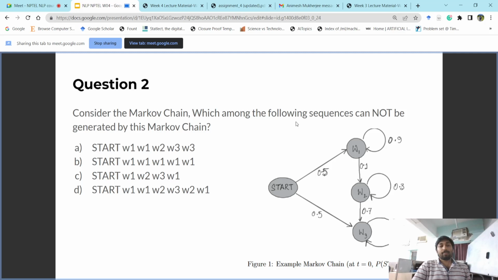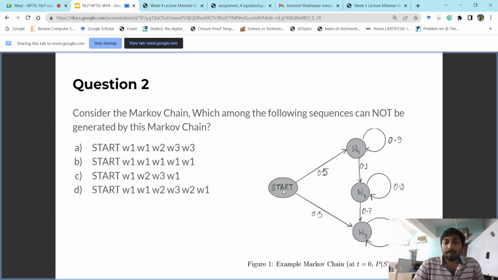In this question, what they are trying to say is consider this Markov chain. This is a Markov chain which shows the transitions inside it. This is not related to the previous question because we do not have the POS tag. This is just the Markov chain for the sequence of words, W1, W2, W3.